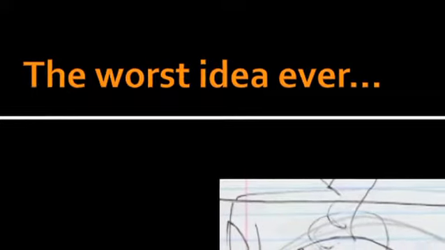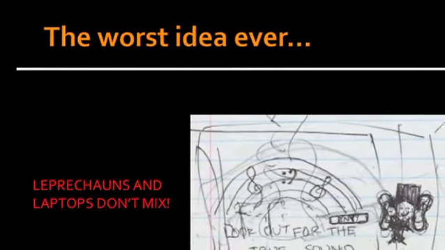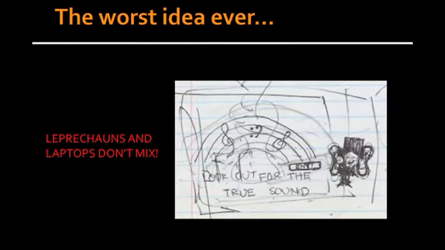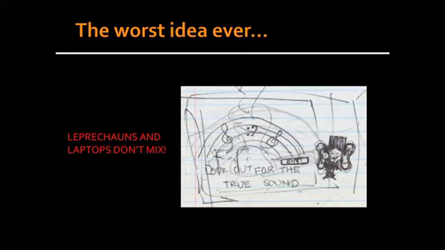So why don't we make a rainbow and put music notes on it, like a music sheet or something, and then put the Envy at the end of the rainbow and have a leprechaun next to it, with really big ears, because he's looking out for the true sound. I was like, that is such crap. When is the leprechaun going to come to the end of the rainbow and steal an HP Envy? That just doesn't sound right. It sounded great at the moment. Yeah. The golden Envy, you know?